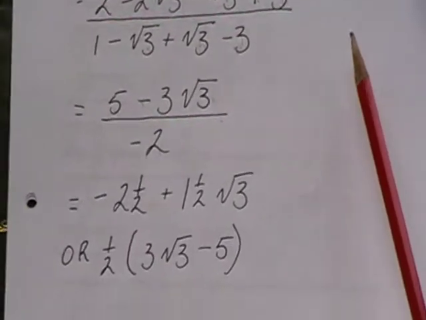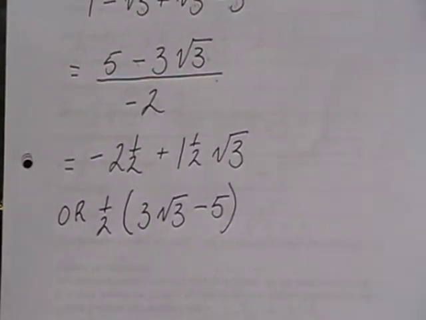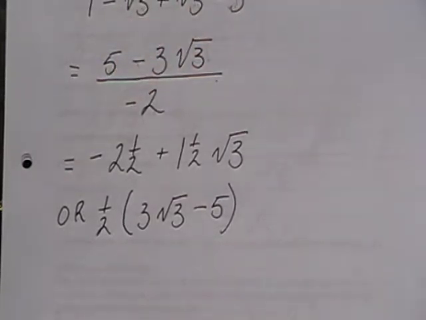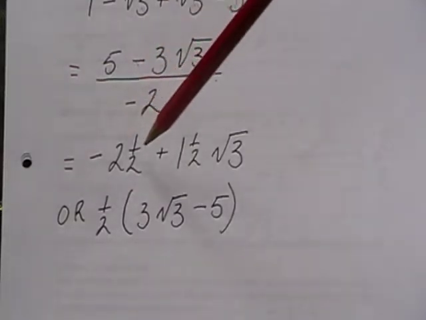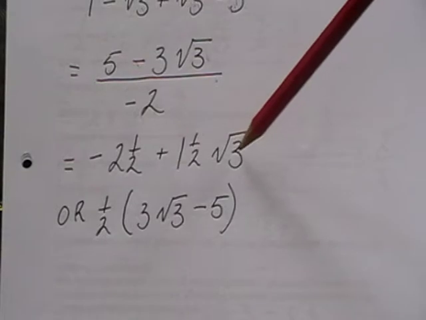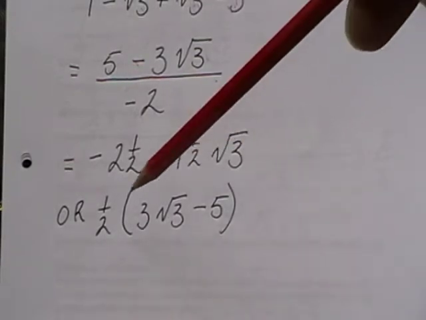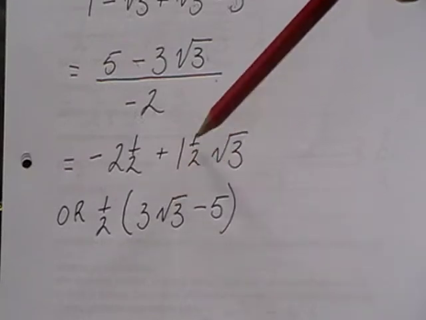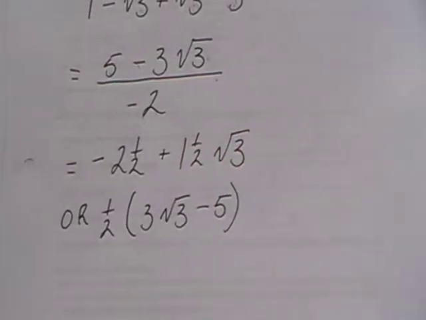So we're then left with 5 over 2, and that's negative, and 3 over 2, as they're both negative, that'd be positive, root 3, which is minus 2.5 plus 1.5 root 3. If you prefer, you could take the half out, make it 3 root 3 minus 5 over 2.